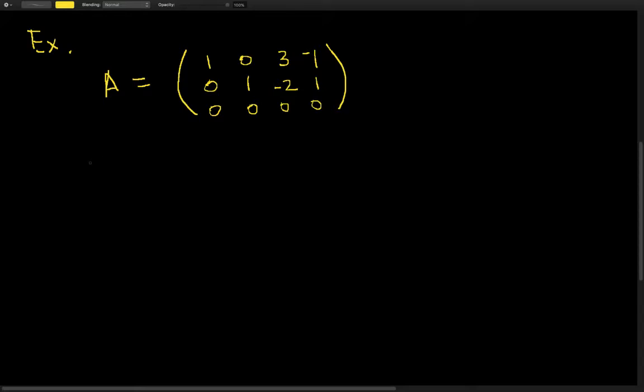To find the kernel of A, I would just set this all equal to 0.